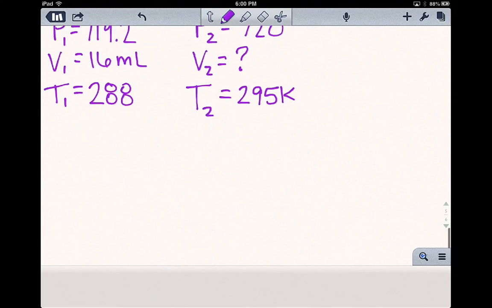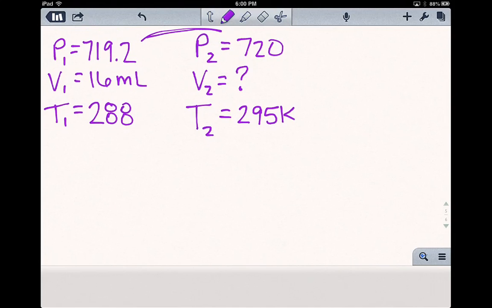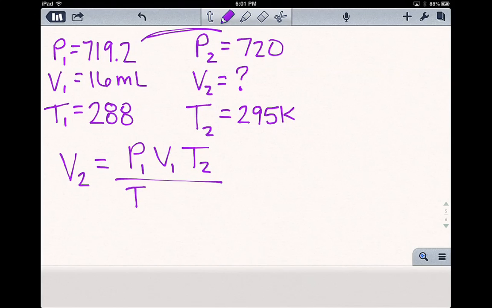Okay, so I'm going to rearrange that formula just a little bit so we can solve just for V2. So we end up with P1 V1 times T2 over T1 times P2. And then you just plug all your happy little numbers in.